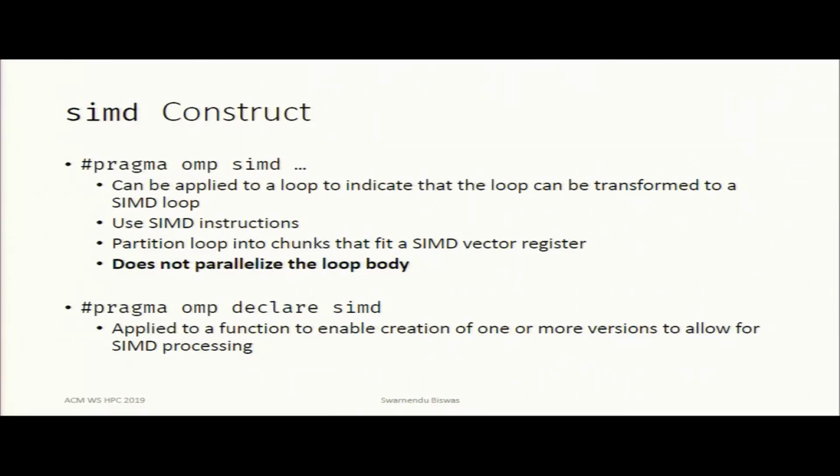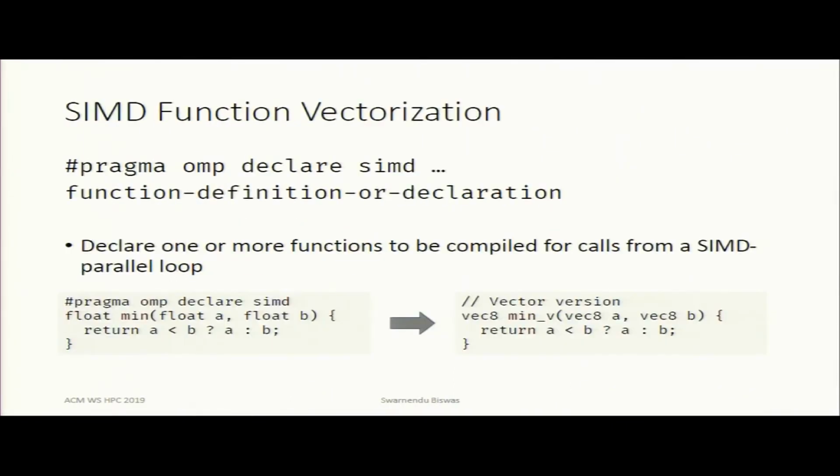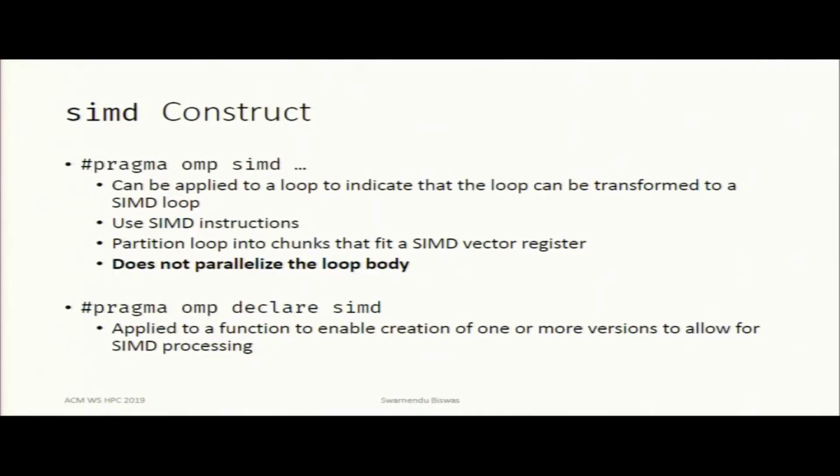So these are the constructs. So far you have looked at #pragma omp parallel, #pragma omp parallel for, #pragma omp sections, and #pragma omp task. This is #pragma omp simd, and the other one is #pragma omp declare simd. We will talk about these. So #pragma omp simd: you have a for loop, and you can say #pragma omp simd.